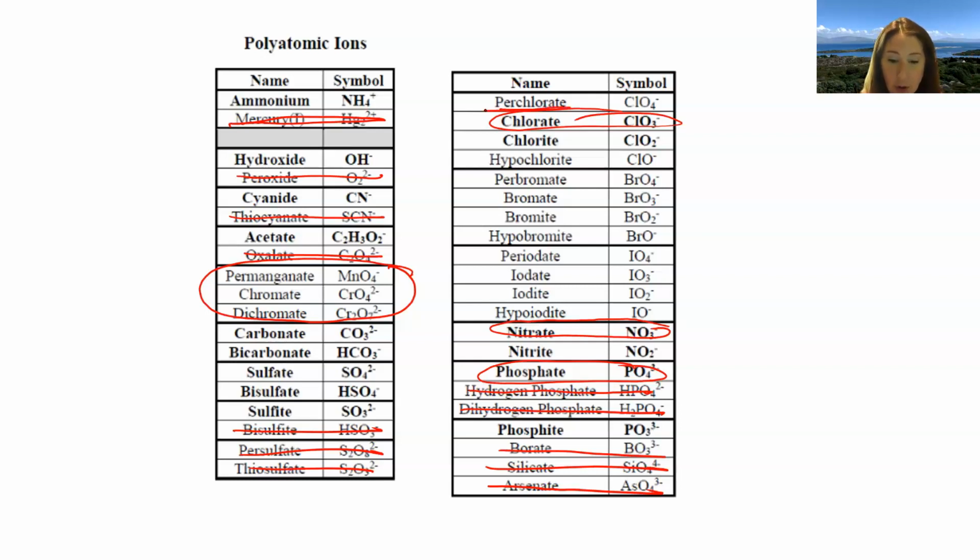Like perchlorate. If chlorate is the regular, chlorite lost one oxygen, so you had 3 oxygens, now it has 2. Hypo lost 2 oxygens. Per gained an oxygen. So all you need to know is chlorate.